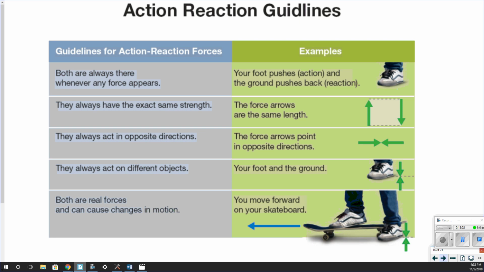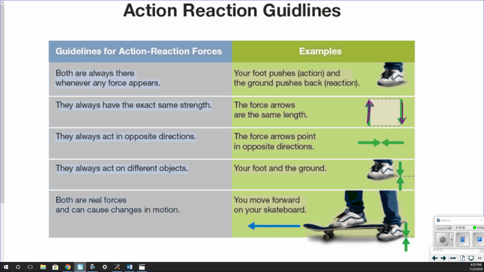So some guidelines for action-reaction forces. Both are always there whenever any force appears. You guys may not think of it this way, but when you're walking on the ground, when your foot pushes down, that's your action, and the reaction is the floor pushing back up on your foot. They always have the exact same strength, so action and reaction are always equal in magnitude, remember, so our arrows will be the same size, but in opposite directions.